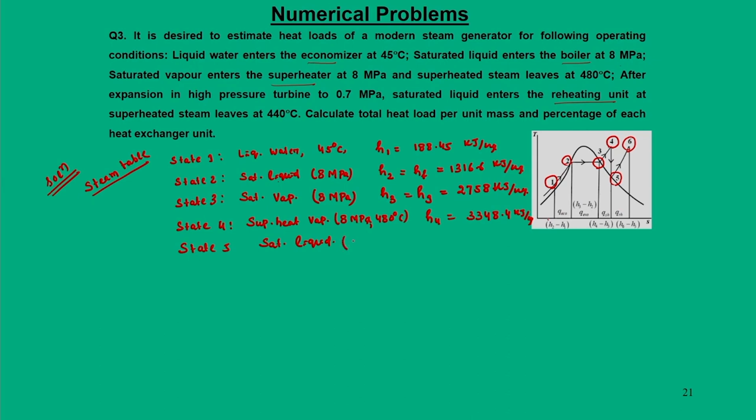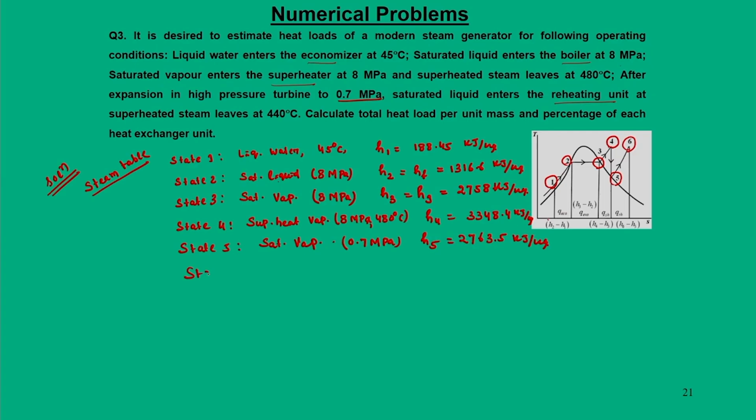So, that is at 0.7 megapascal saturated vapor. So, H5 is 2763.5.